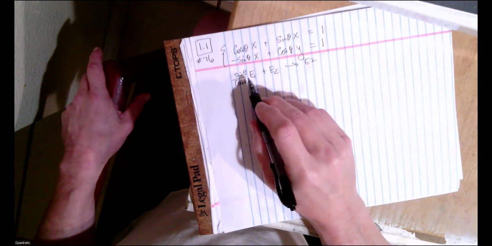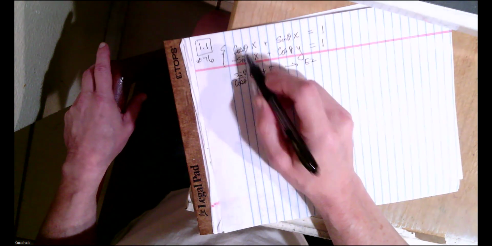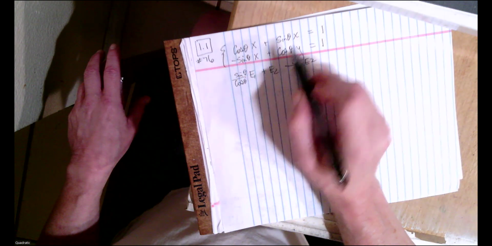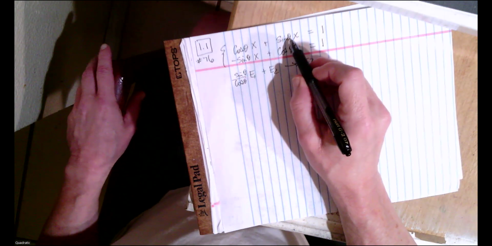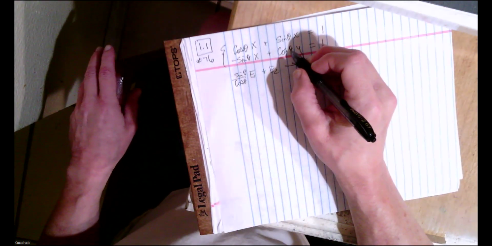Now the reason I'm doing that is because of what's going to happen. Sine times sine is sine squared over cosine. I'm taking sine squared over cosine and adding it onto cosine.